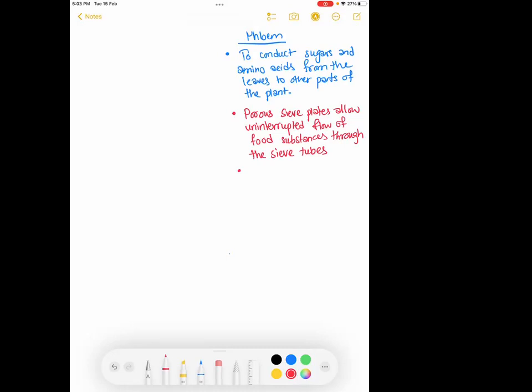What else? Yeah, the numerous mitochondria in the companion cell provide energy.